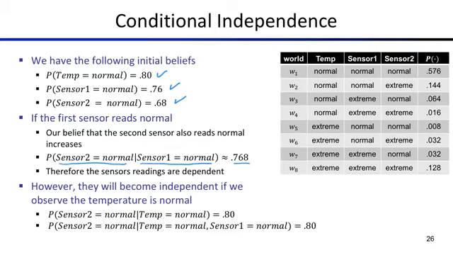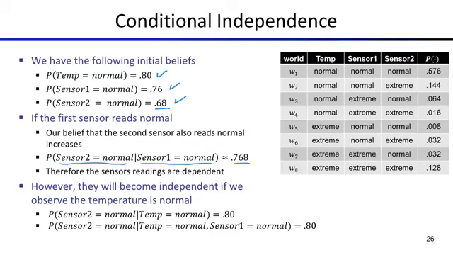So it was 0.68, now it increased to 0.768. So it's a small increase, but there is a change here, right? So knowing one sensor will change my belief in the other sensor. And that makes sense if the sensors are somehow close by, maybe in the same area.